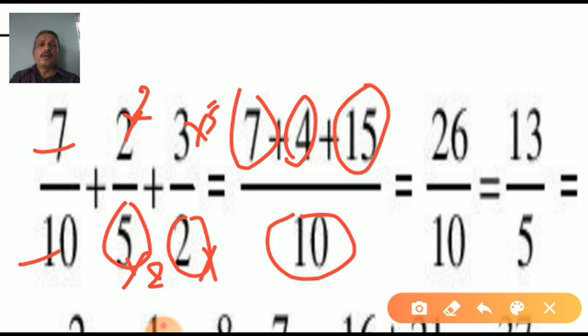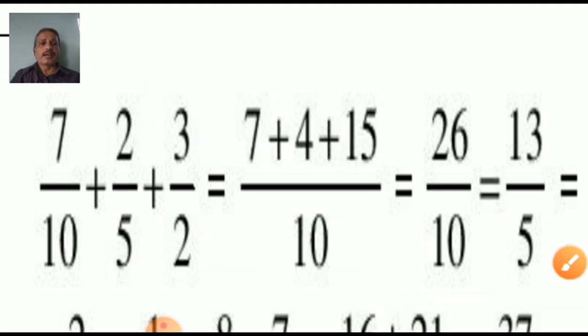And into 5 also here. Whenever we multiply the numerator and denominator by the same number, the value remains the same. It is called the equivalent fraction. Okay. So here is 7 plus 4 plus 15 and the denominator is 10. Total is 26 upon 10. Yes, student, 26 upon 10 is an improper fraction.